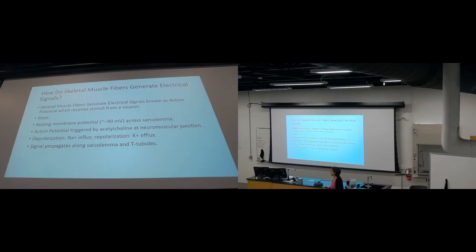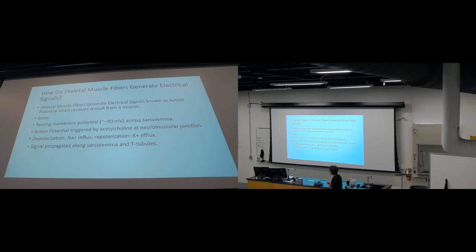Then the neurons release acetylcholine, and the membrane of the muscle cells picks up this acetylcholine. You open these sodium channels, you depolarize the cells, the cells reach this positive state, and then you repolarize them. That cycle starts over again, and then you have sliding of actin over myosin.